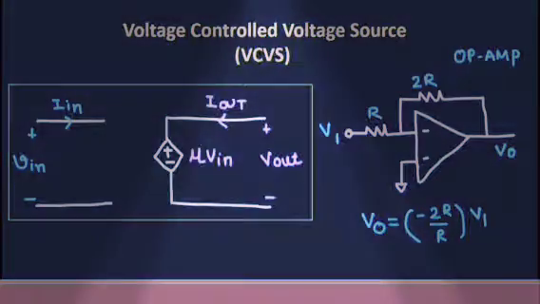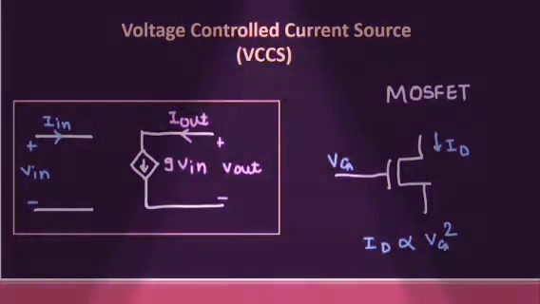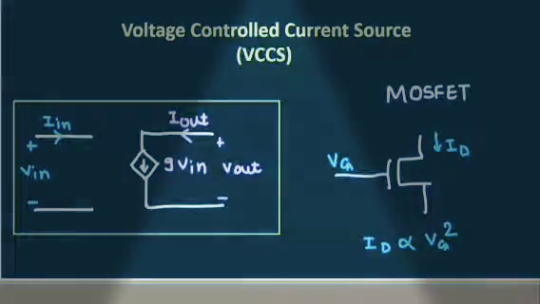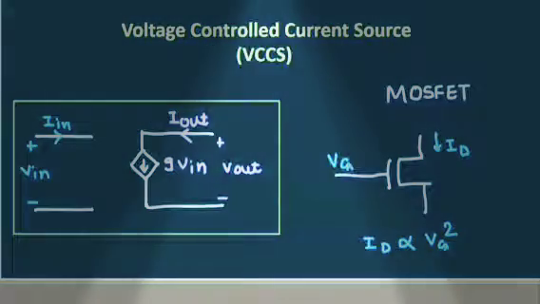The last category of dependent source is VCCS, voltage controlled current source. Here the voltage is the controlling element which controls the output current of this current source. The relation can be shown by I out equal to G V in.